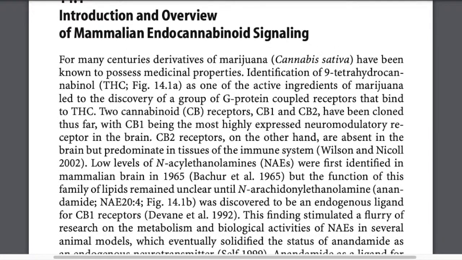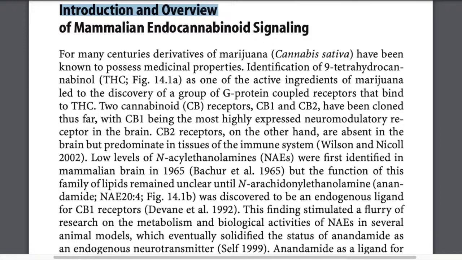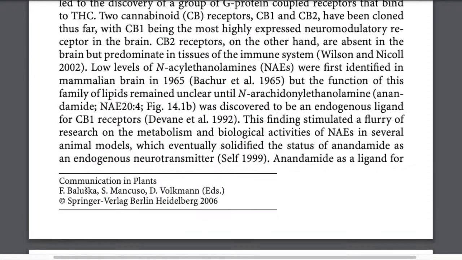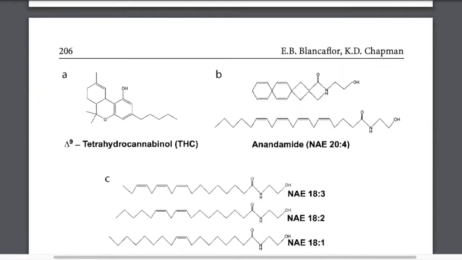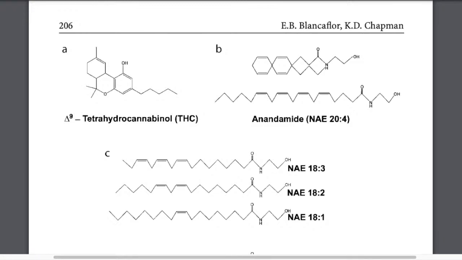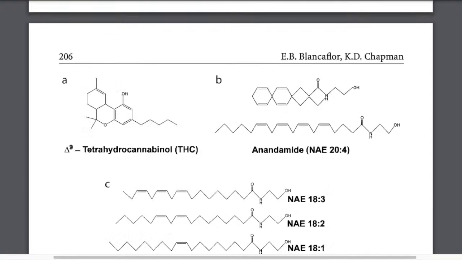Introduction and overview of mammalian endocannabinoid signaling. For many centuries, derivatives of marijuana, Cannabis sativa, have been known to possess medicinal properties. Identification of delta-9-tetrahydrocannabinol, THC, figure 14.1A. Take a look at this so we know what we're talking about. Here's your delta 9. Okay, cool.